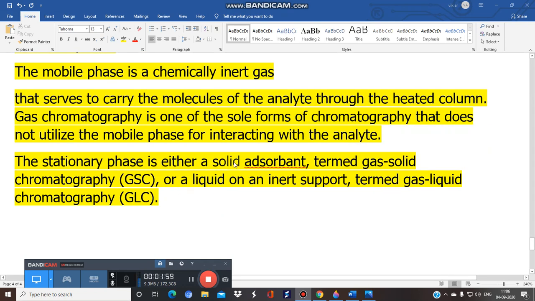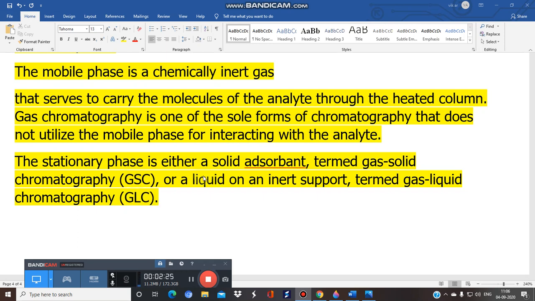If in gas chromatography we are using a solid adsorbent, it is termed gas solid chromatography, that is GSC. And if the stationary phase is a liquid on an inert support, it is termed gas liquid chromatography, which is widely used, GLC. So depending upon the stationary phase, gas chromatography is divided into two types, GSC and GLC.